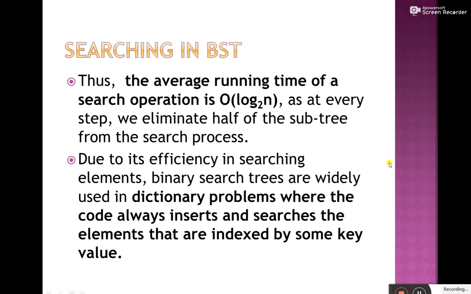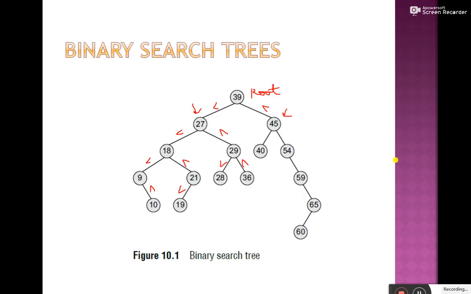Whenever we search for an element, we do not need to traverse the entire tree. At every node, we get a hint regarding which subtree to search in. For example, if we have this tree and we want to search for 29, then we know that we have to scan only the left subtree.